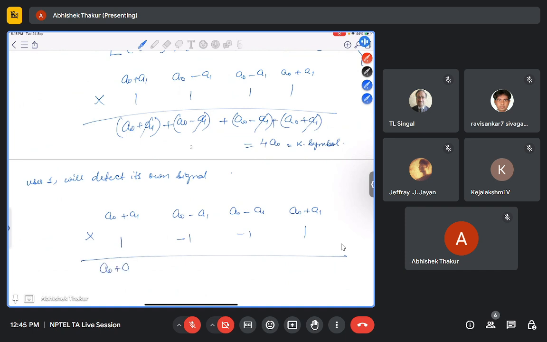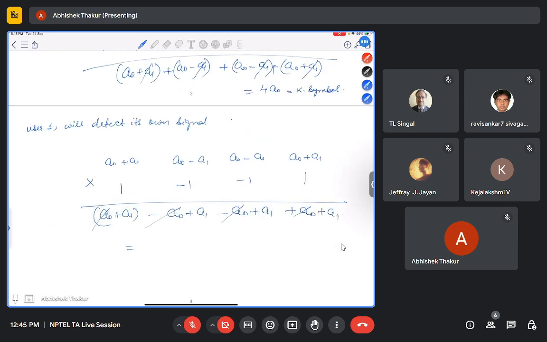So this will be a naught plus a1, minus a naught plus a1, minus a naught plus a1, and plus a naught plus a1. Now we will get 4a1. So this is again k times the symbol of user 1. It is just proportional to the transmitted symbol a1 for user 1. In this way, both user 0 and user 1 detect their own signal.